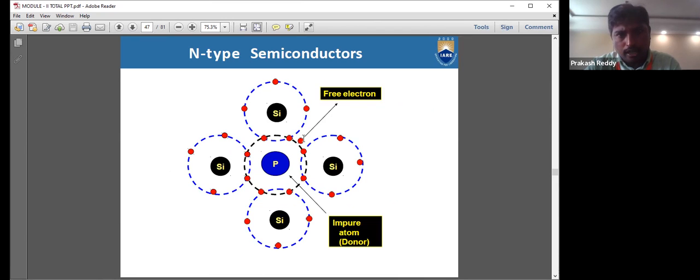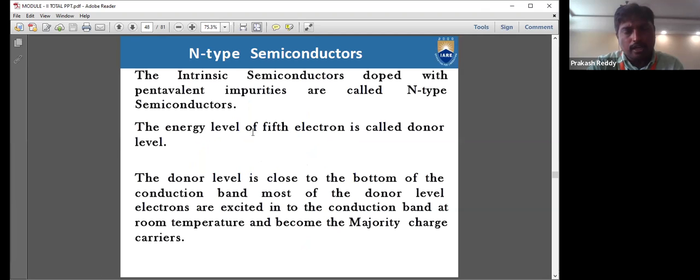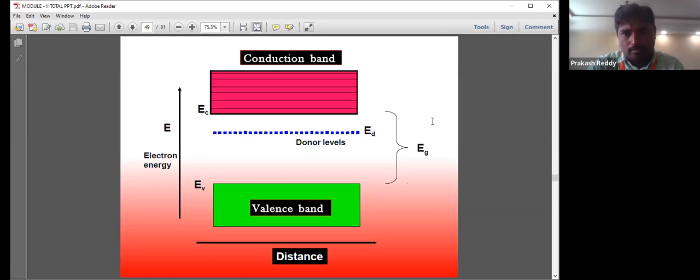So the donor concentration is equal to the number of donor electrons in the energy level. So these are the number of electrons equation.